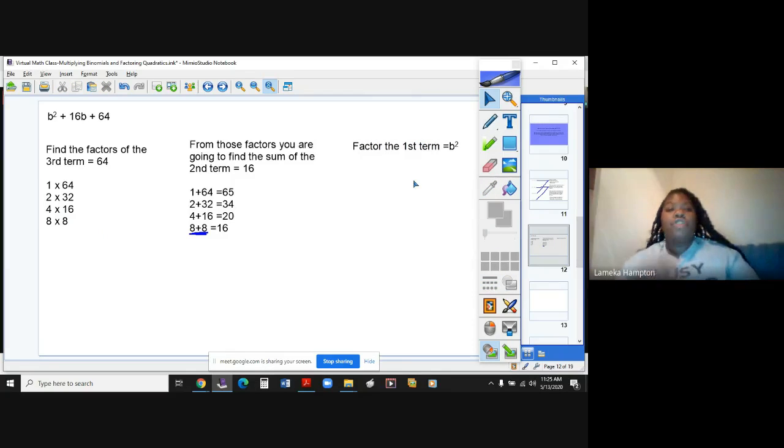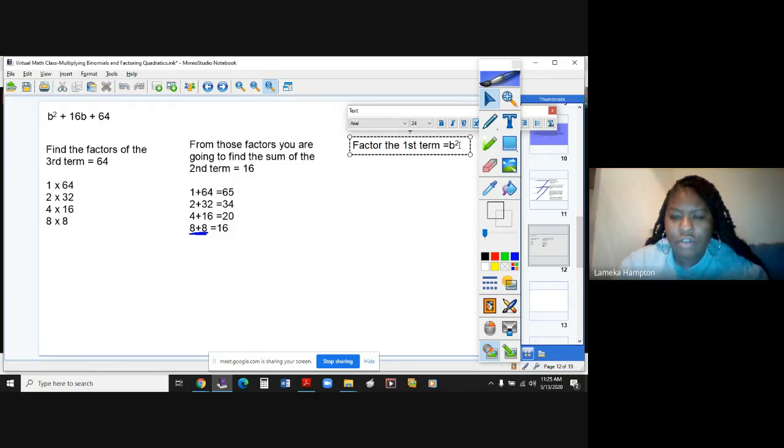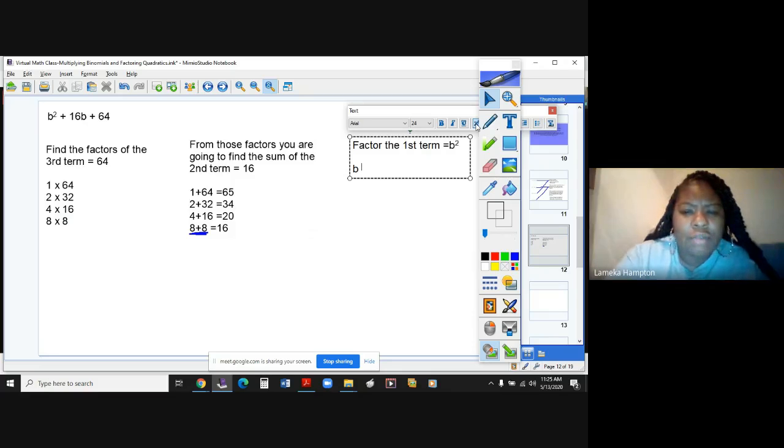Remember, when you have a coefficient of 1, which is the number that you can't see, we're simply going to break that down to b times b.